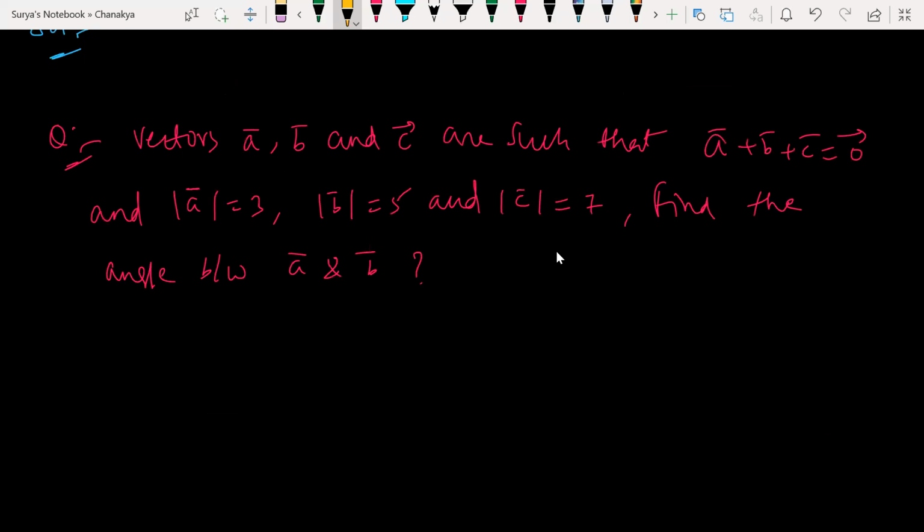Just 1.5 minutes of time. See, this is a starting stage. I'm giving you 1.5 minutes, but you must solve it in as short a time as possible. You must solve the question in very, very little time. Then only can we attempt more questions in the exam.